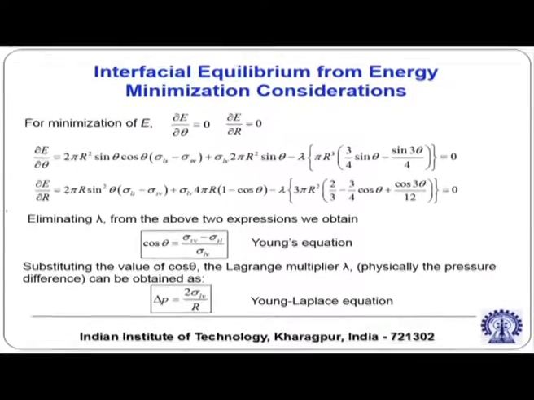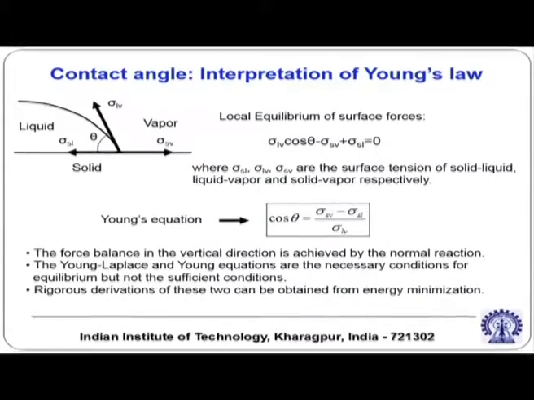Look into the beauty of mathematics: even if you do not have this concept or that understanding, from algebraic simplification it straight away comes that this lambda is equal to 2 sigma LV by R, and from the Young Laplace equation we know that 2 sigma LV by R is delta P. So, these are the two equations that we get, and the Young's equation that we have got, we can clearly get it from force balance considerations without going through the involved energy balance.